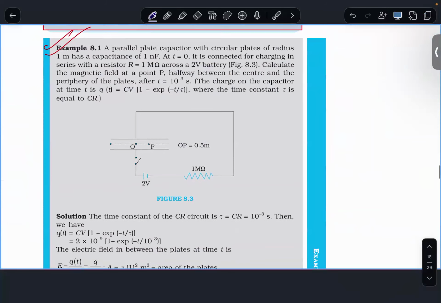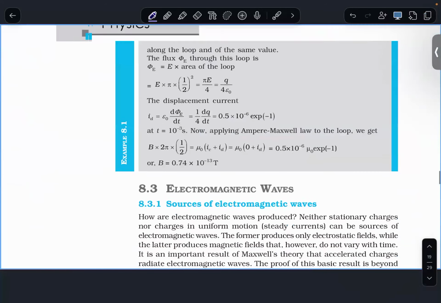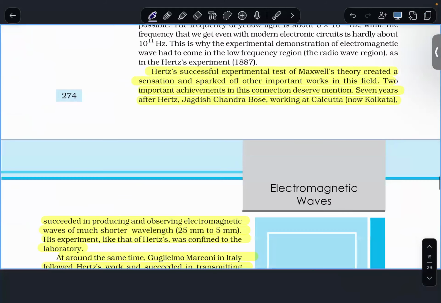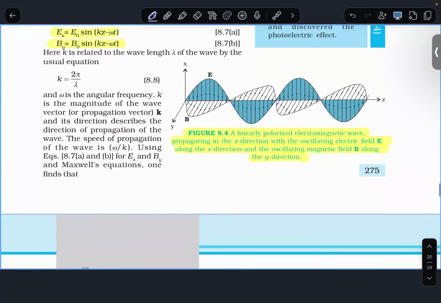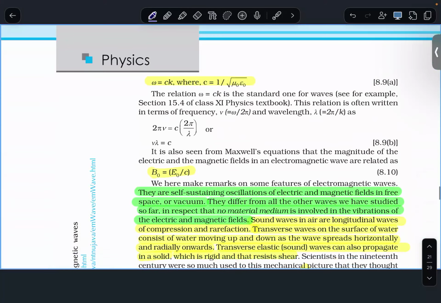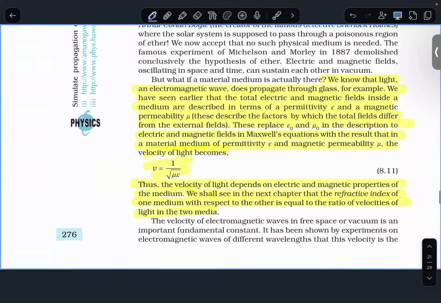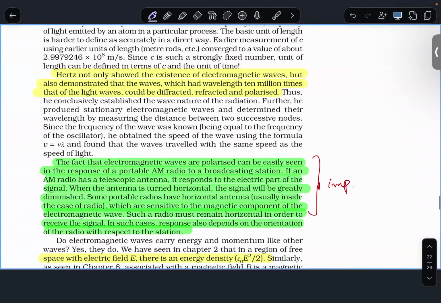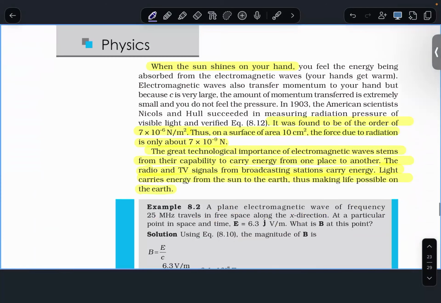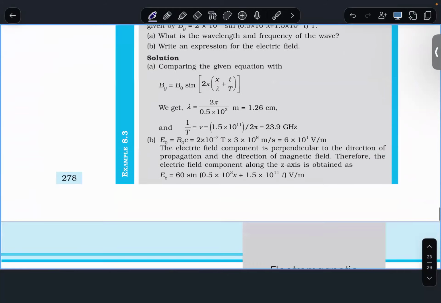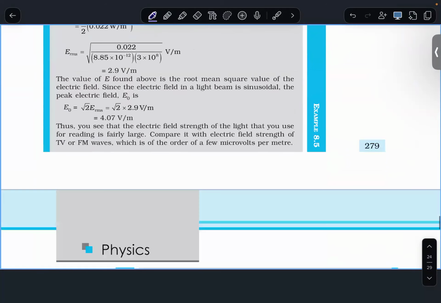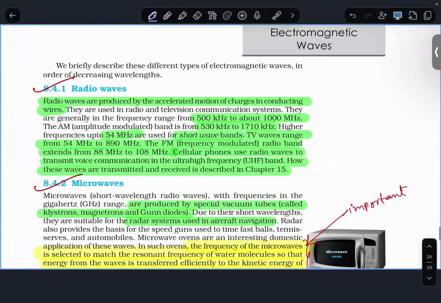Please go through this example. Only the highlighted area, just once go through. I have practically covered everything, but still the highlighted area, because you don't require one more round of reading NCERT after this class. So I have attached that important NCERT area in this portion itself.